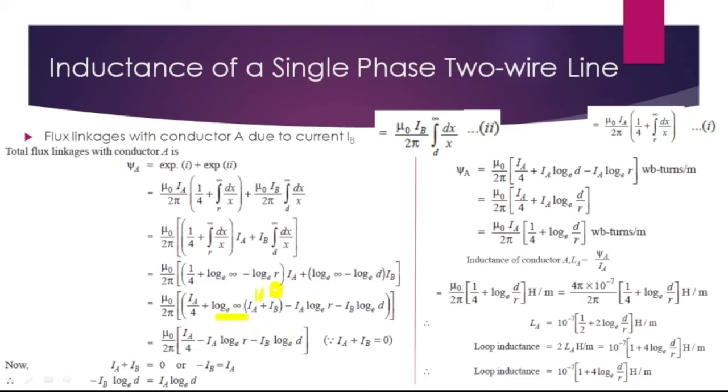That means this entire term is equal to 0, and the remaining terms are IA by 4, IA log R base e, and IA log D base e. We are saying that IA plus IB is equal to 0, or as already concluded, IA is equal to minus IB. I am substituting minus IB value as IA in this expression.